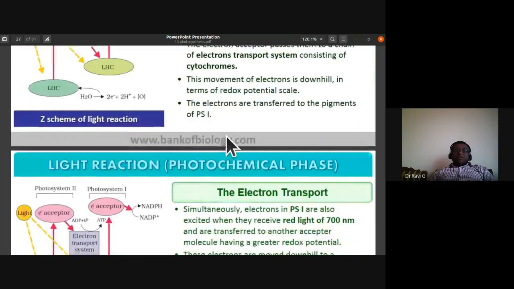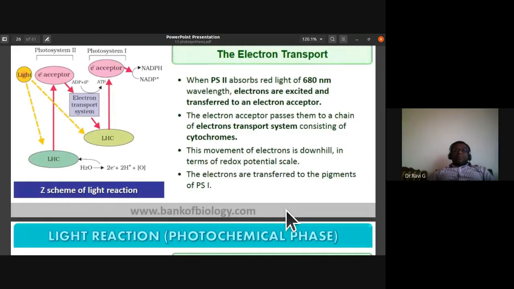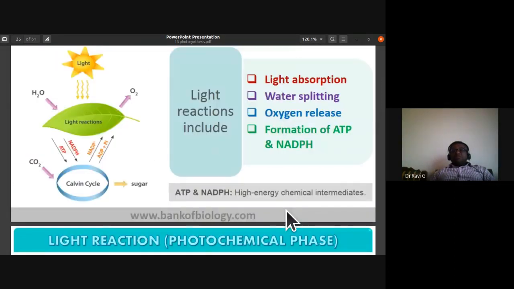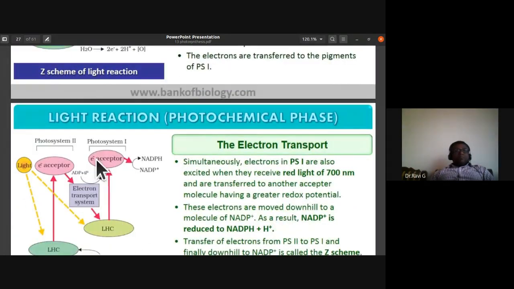Simultaneously, electrons in photosystem 1 are also excited when they receive red light of 700 nanometer, and they are transferred to another acceptor molecule having a greater redox potential.